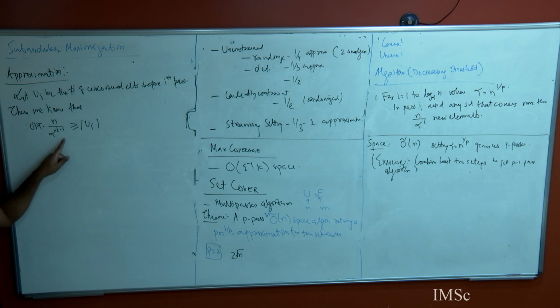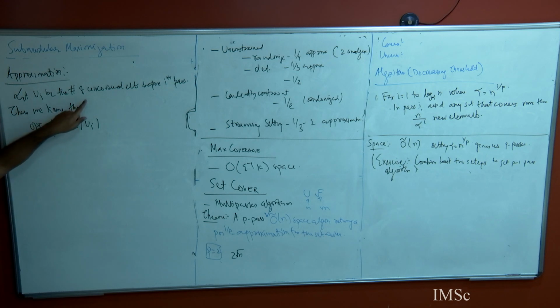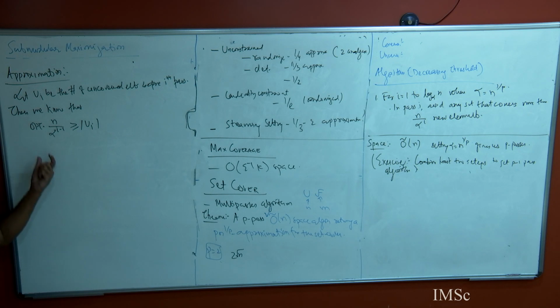Do you agree with this quantity? So what is the total number of uncovered elements before the first pass? It is at most opt times n, which is perfectly fine.